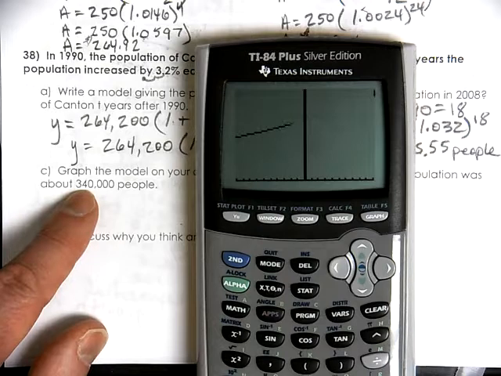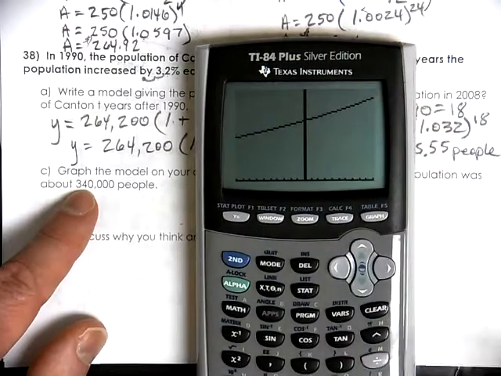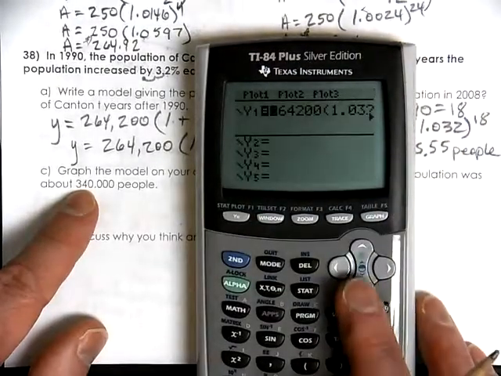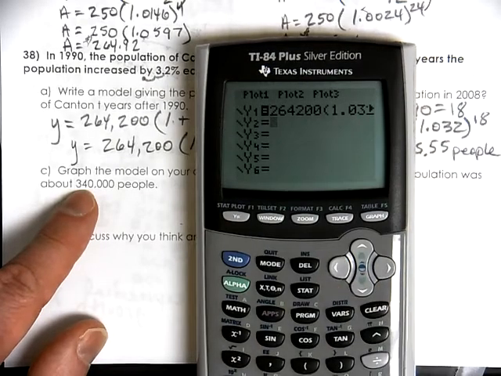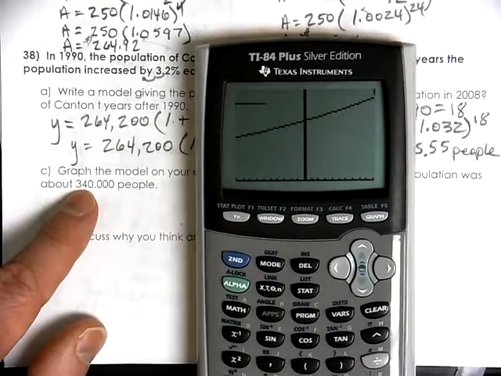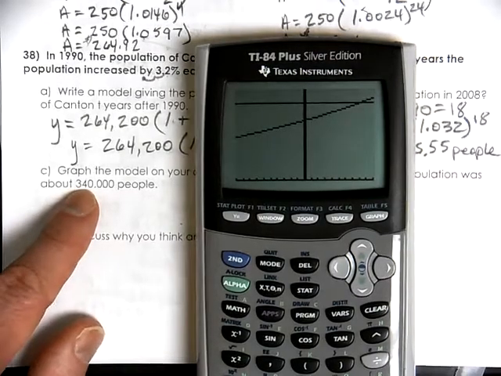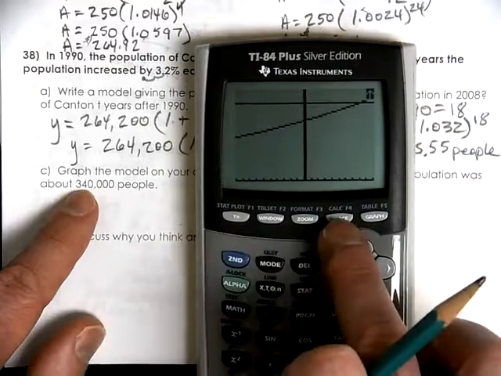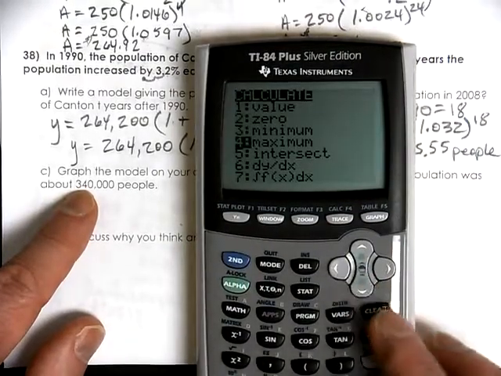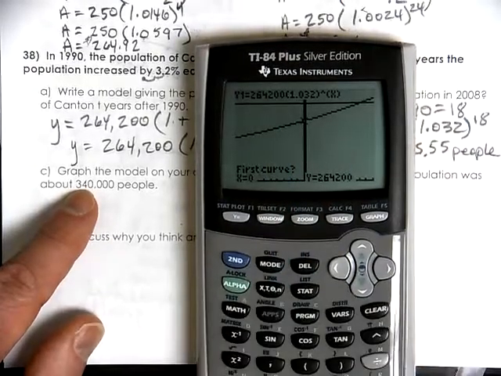There it is. It's not growing very quickly, but that's not quite straight. It is curving. Okay, we're going to look to see when we are going to be at 340,000. So we're looking to see where those 2 points match. So we do second trace, find the intersection, and they ask you for the first curve, enter.